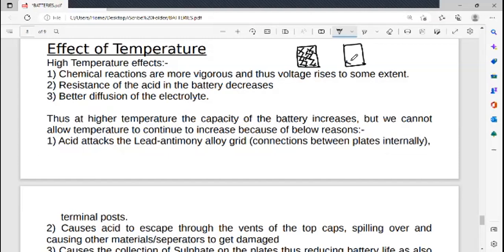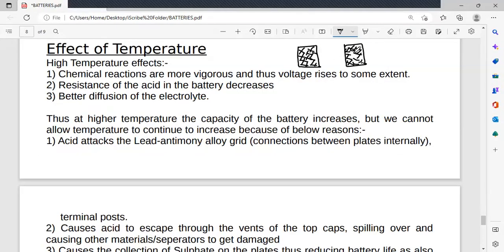Your spongy lead and your lead peroxide are within this lattice, which is made of lead antimony grid. So basically your electrodes are within this lead antimony grid.